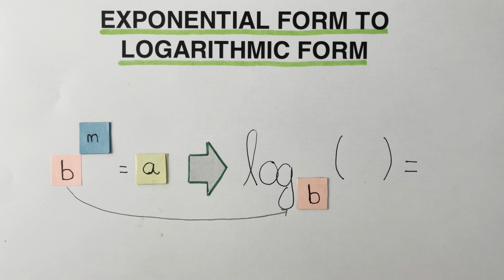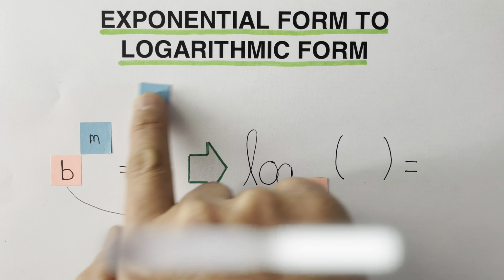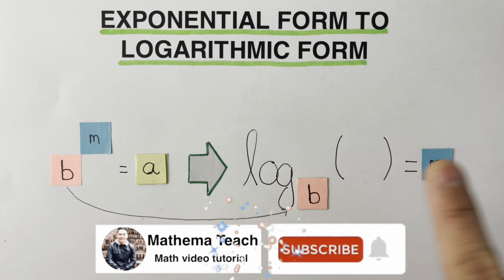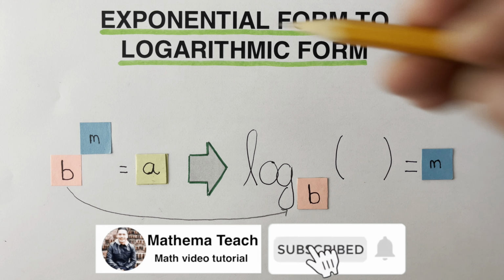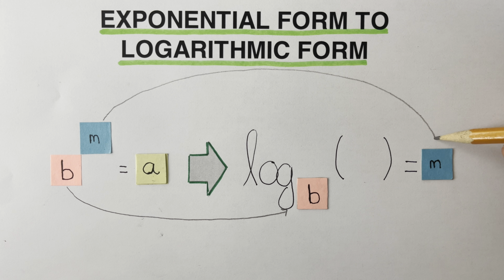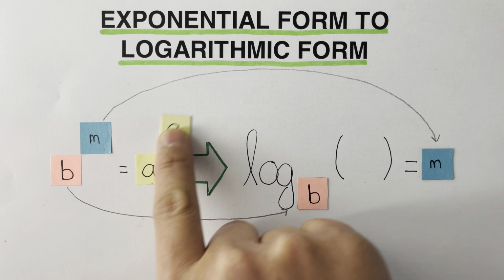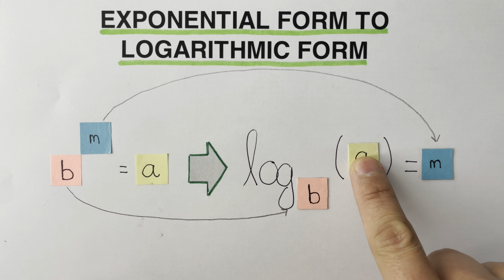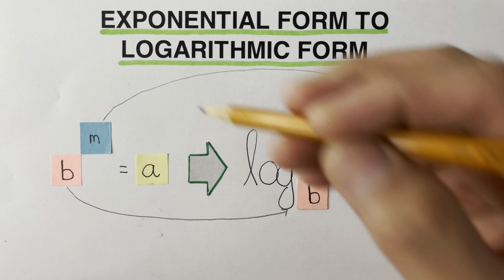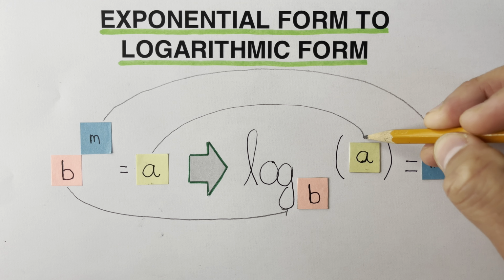Now this exponent that we have here, exponent m, will become the value of this whole expression that we have on the left. So I will put an arrow that this m is going to go this way on the logarithmic form. And this a that we have here will go to this part right here, which we call the argument. So we are going to put an arrow right here. This is where the a is going to go.